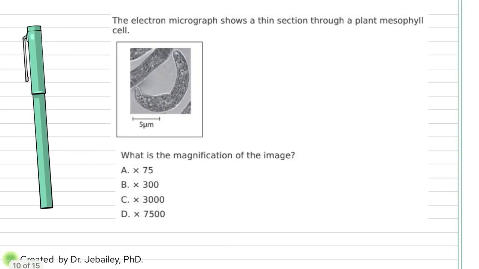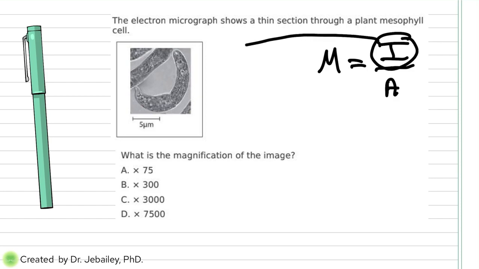Now this is an electron micrograph. It shows a thin section of a plant mesophyll. This has to do with magnification. If you remember the equation, magnification, which is M, is equal to the image over the actual size. The image here is actually the drawing that you see on the microscope.